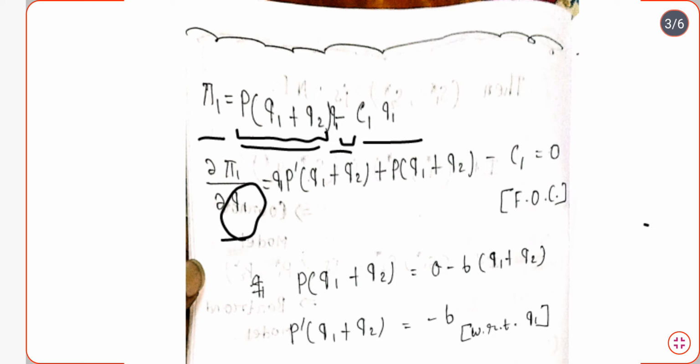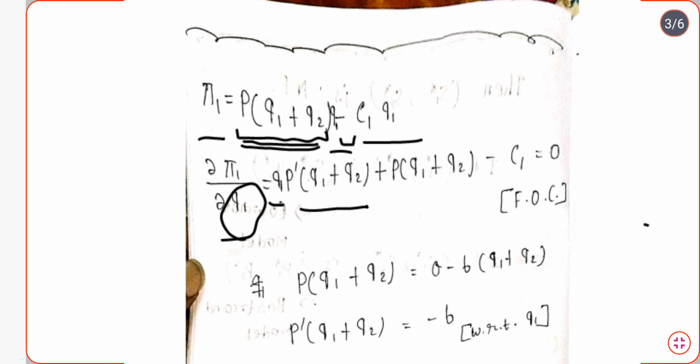At first we keep the V part, Q1, constant and differentiate the U part, P(Q1 + Q2), with respect to Q1, which comes out as P'(Q1 + Q2).